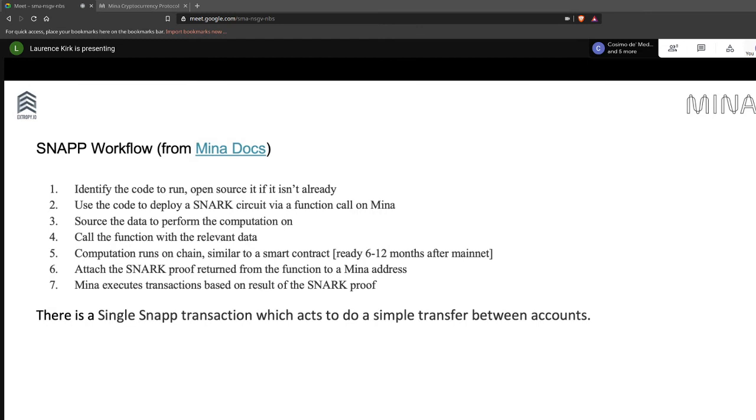They can then compute the SNARK proof for this, and pass it on to the other people in the Mina blockchain. They have also created a standard snap to do the simple transaction of transferring tokens between accounts. That's a very basic one as a starting point.